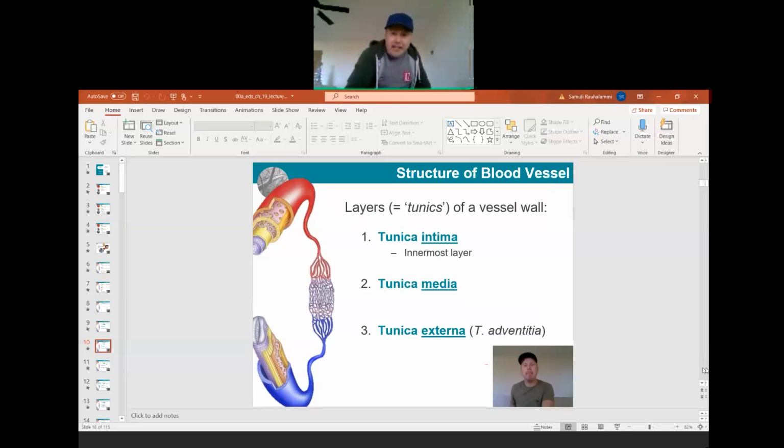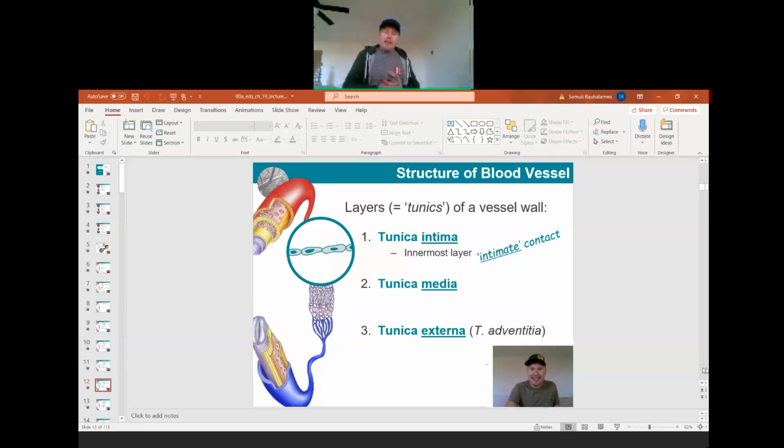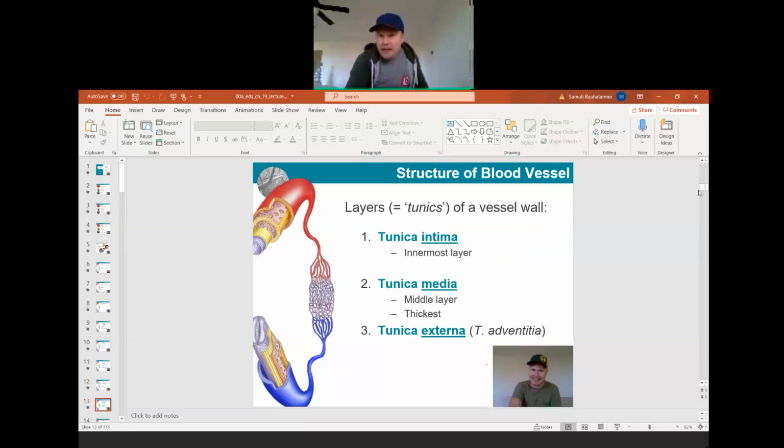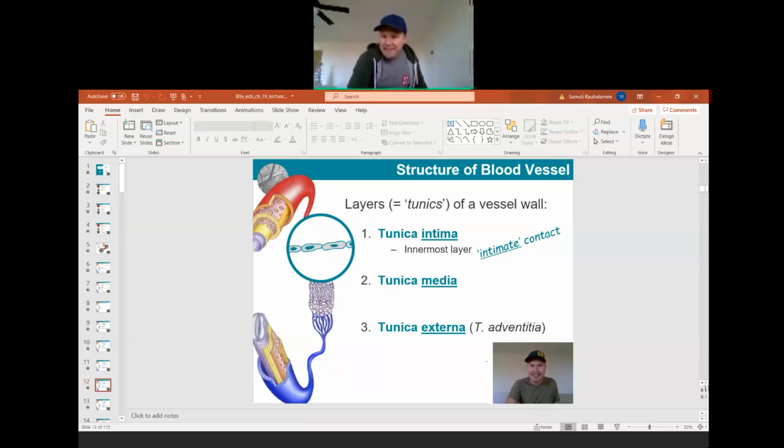It is made of simple squamous epithelial cells. You might remember these from when we reviewed the different types of cells. When it was simple, it meant there was one layer. And when it was squamous, it meant these flattened discs, if you look at the cross section.